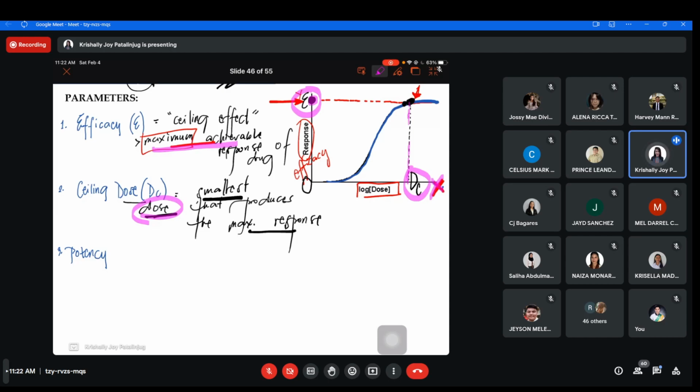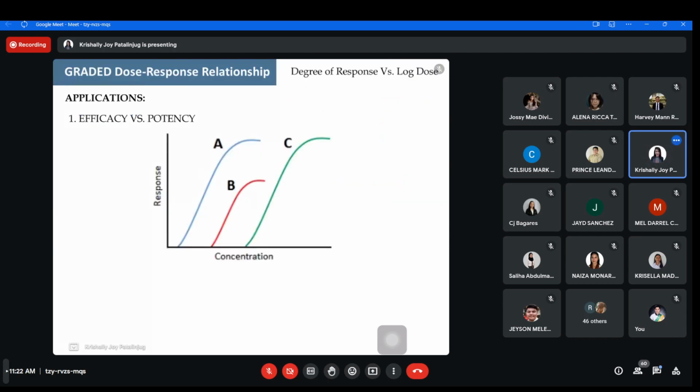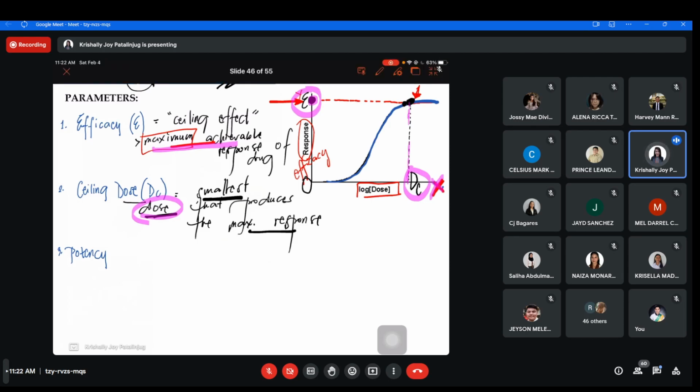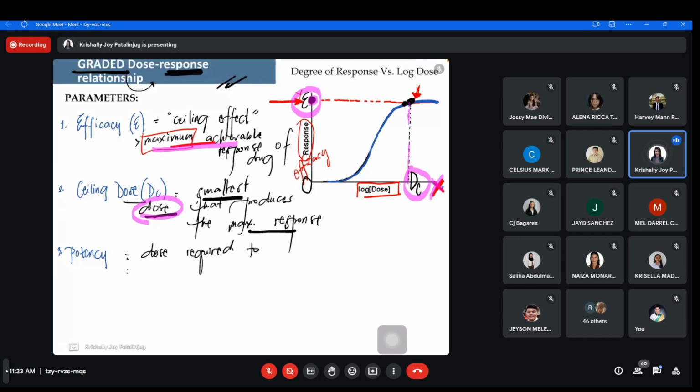Okay, and then for potency, potency is the dose as well. It also tells about the dose. But this time, the dose that is required to achieve 50% of the maximum response. Okay, take note.